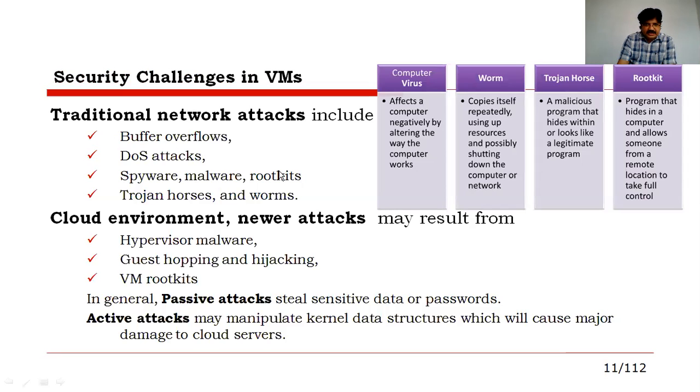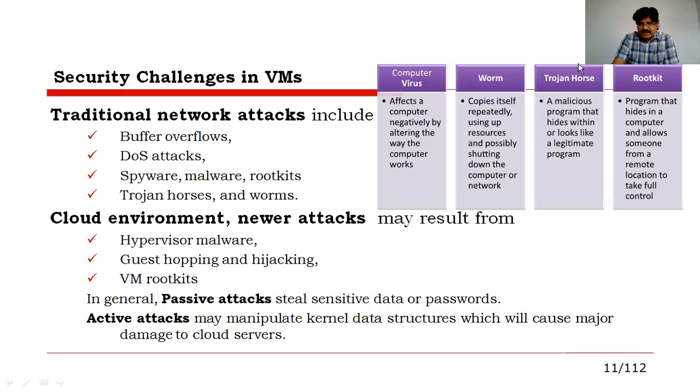Here, some of the listed threats are: worm, Trojan horse, rootkits, spyware, malware, DOS attacks, and buffer overflow. These types of attacks may hit the client system or the server system in traditional networks. They may damage the system in different ways.